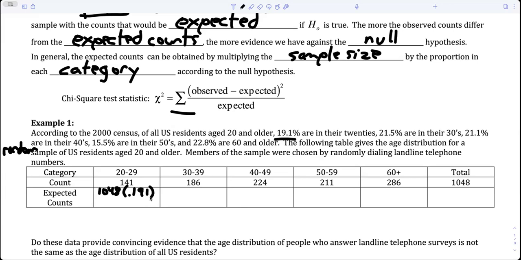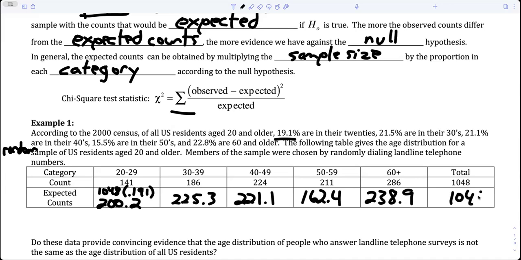I'm going to round to one decimal again, and I got these numbers for my expected counts.